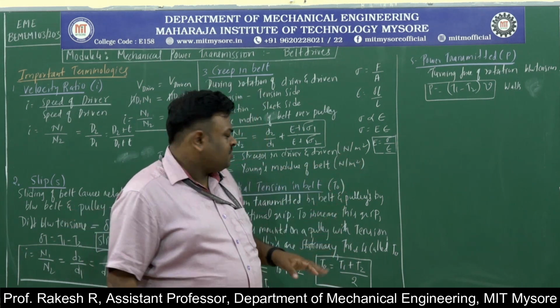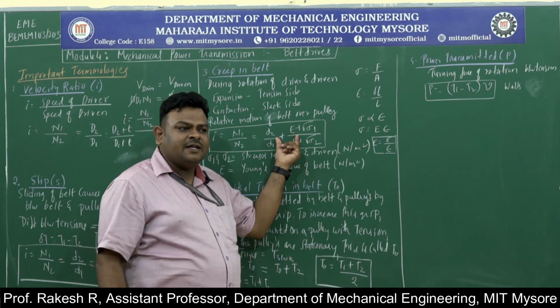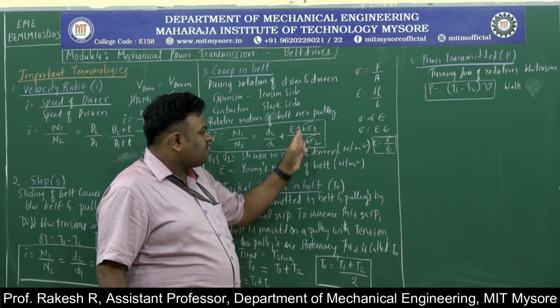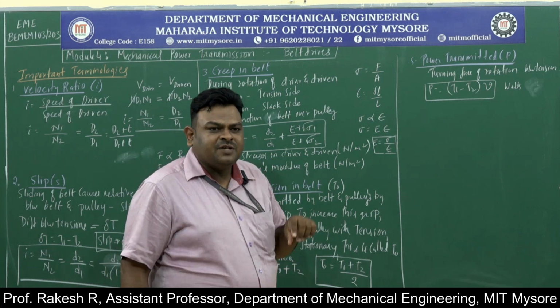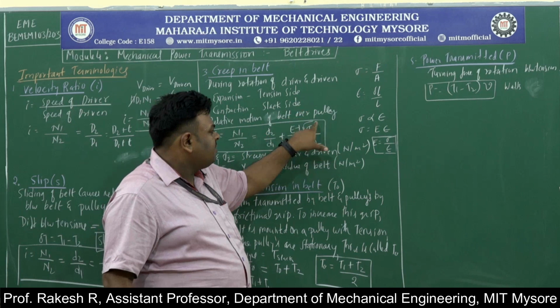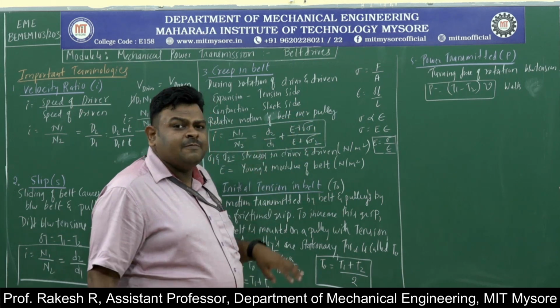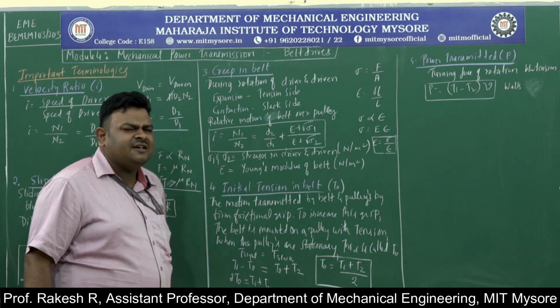The Young's modulus depends upon the material of the belt, and the belt material is constant. That's why E is constant for both driver and driven. Sigma 1 and sigma 2 will change, since the stress induced on the tight side is different from the slack side. That's why we use sigma 1 and sigma 2. So this is creep when considered in the belt. Next, another important topic is initial tension.